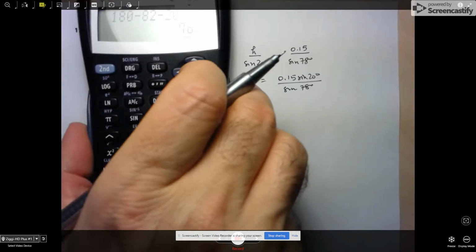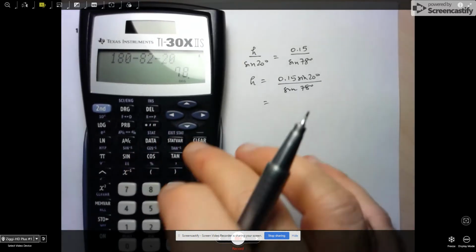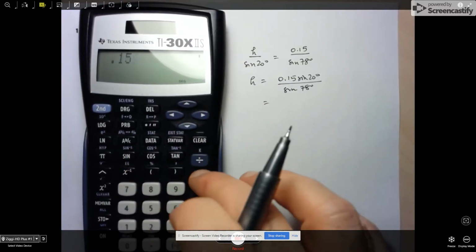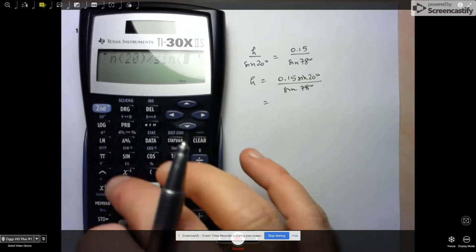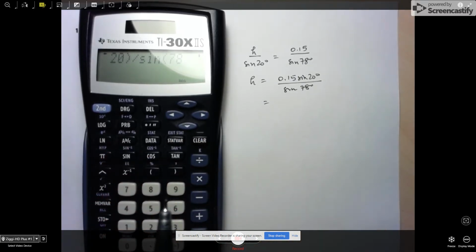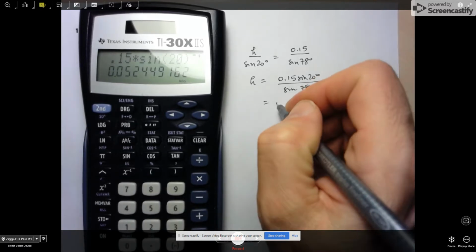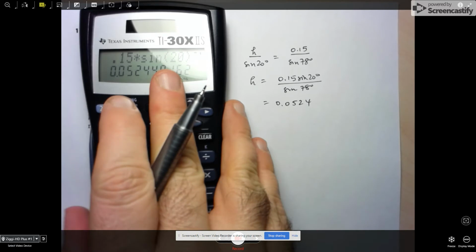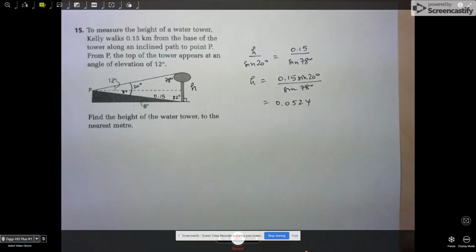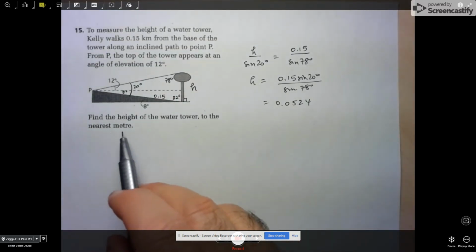Let's calculate that here. So 0.15 times sine 20 divided by sine of 78. And that gives us 0.0524. That's a pretty small number, and I do notice that they're looking for the nearest meter.